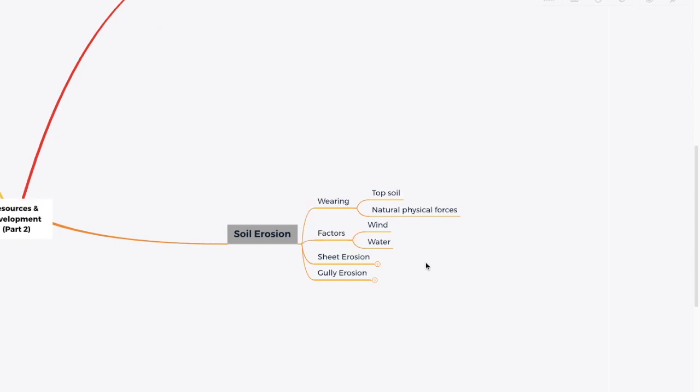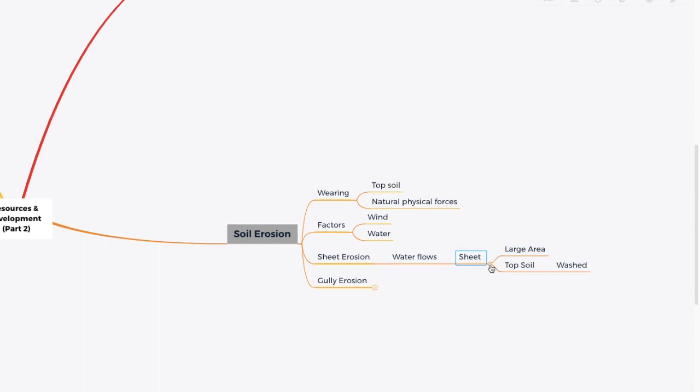There are different types of soil erosion, but I'm going to talk about a couple of them. Sheet erosion and gully erosion. What is sheet erosion? Sometimes water flows as a sheet over large areas down a slope.